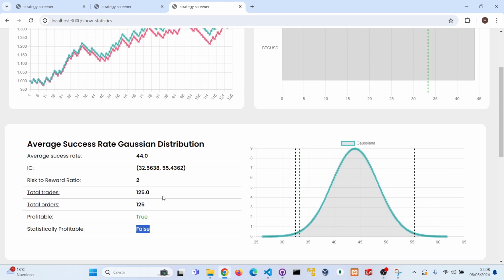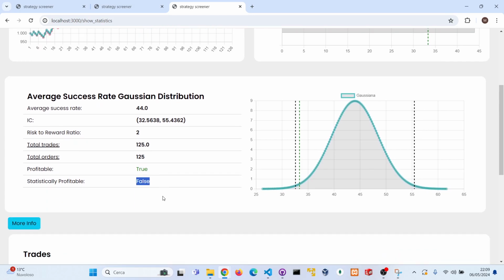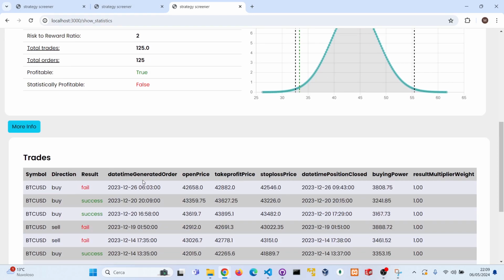To be statistically profitable, you should have more data, but the last year of data is very heavy to download and to elaborate, so that's a problem. And taking into consideration only the last year, the strategy is not statistically profitable.